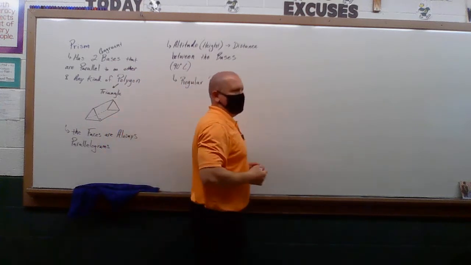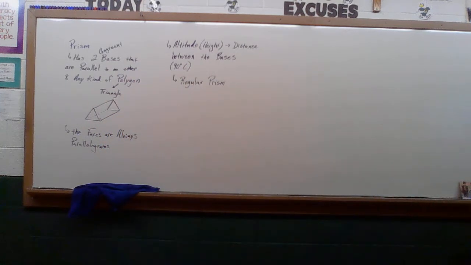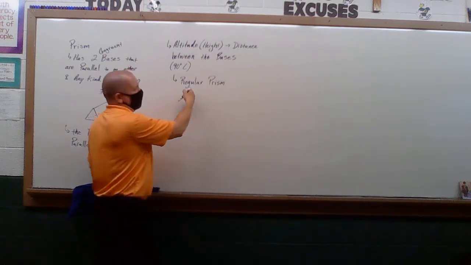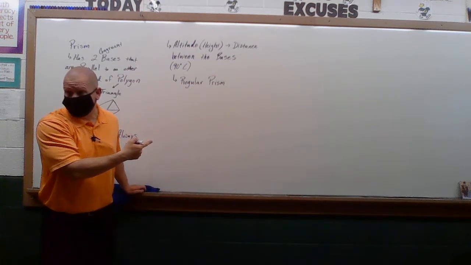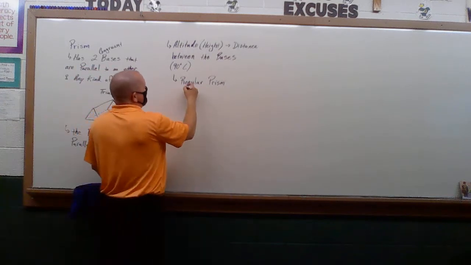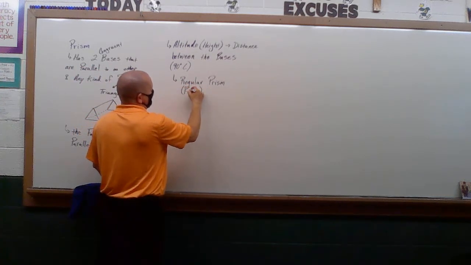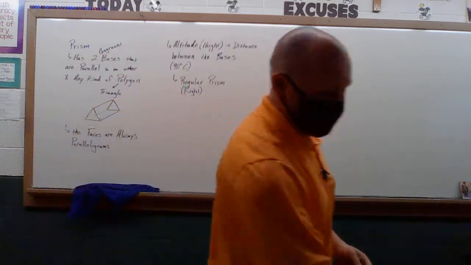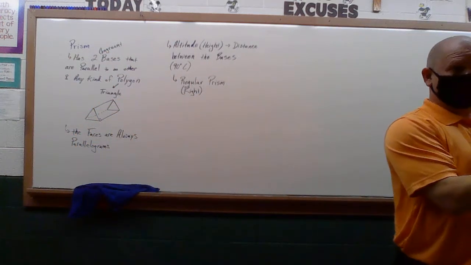In my opinion, you kind of want a regular prism. You want it to be perfectly straight up and down. Instead of regular, which is what we called it when we were dealing with polygons, a regular polygon, now they're going to say it's a right prism. That means it stands up straight, like this, or like this.